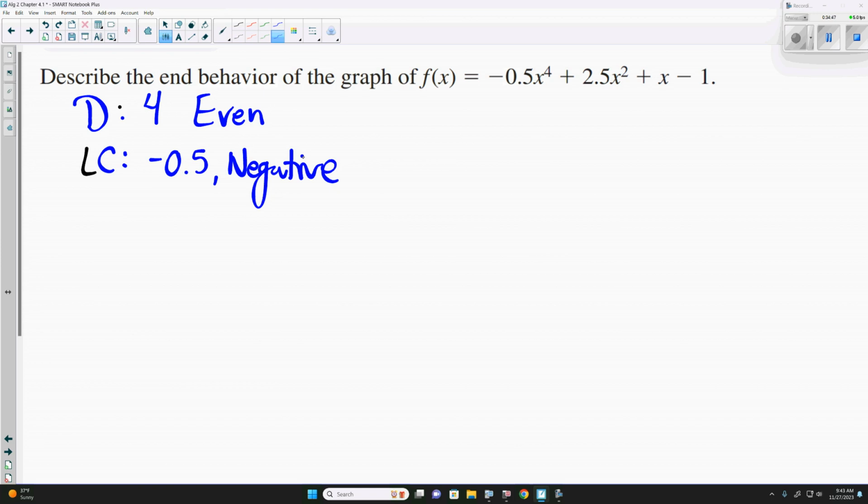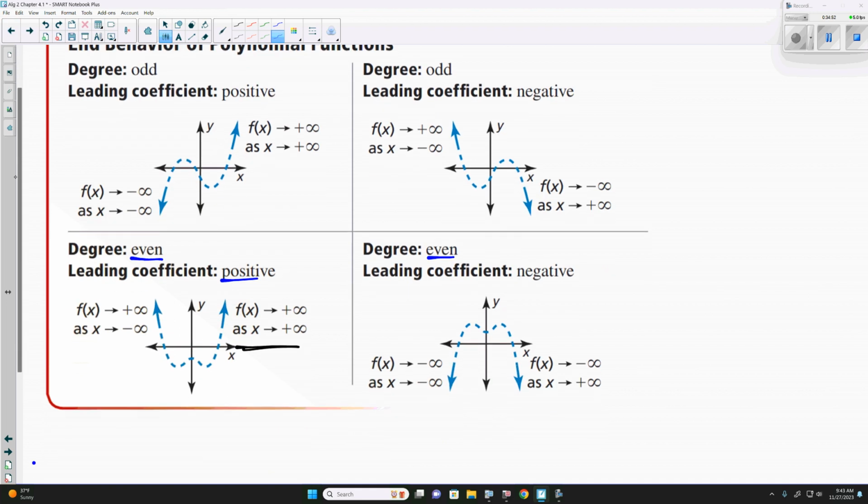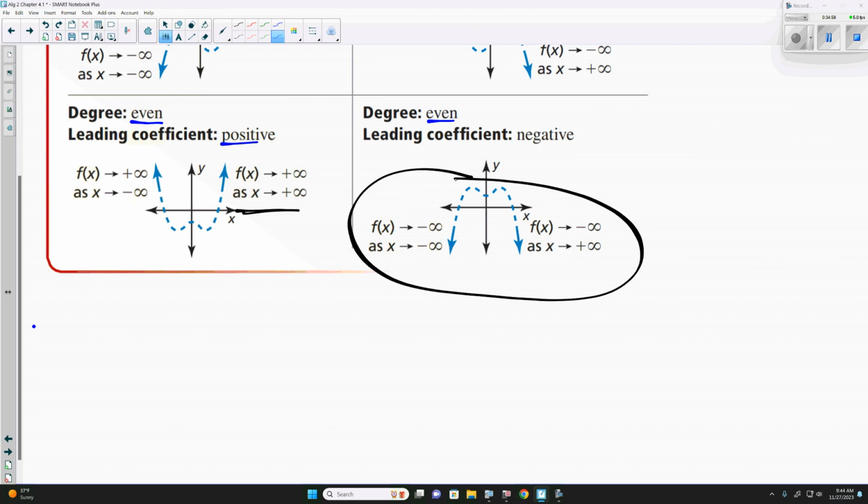Yes? So on the screen, I'm going to go back a page. So we said the degree was even. Leading coefficient is negative. Yes?